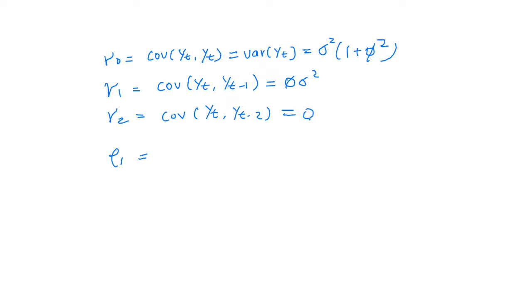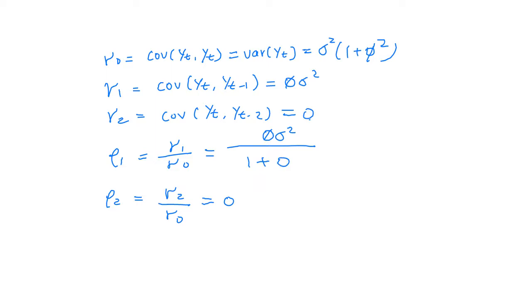So rho 1 will be nonzero, and rho 2 will equal 0. That will be it for the second question.